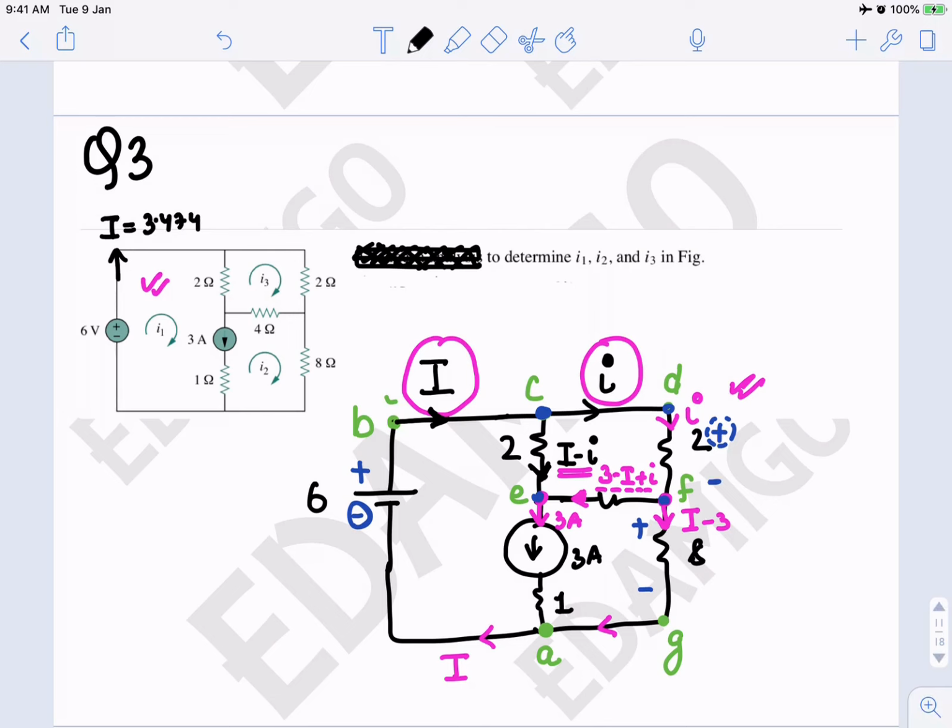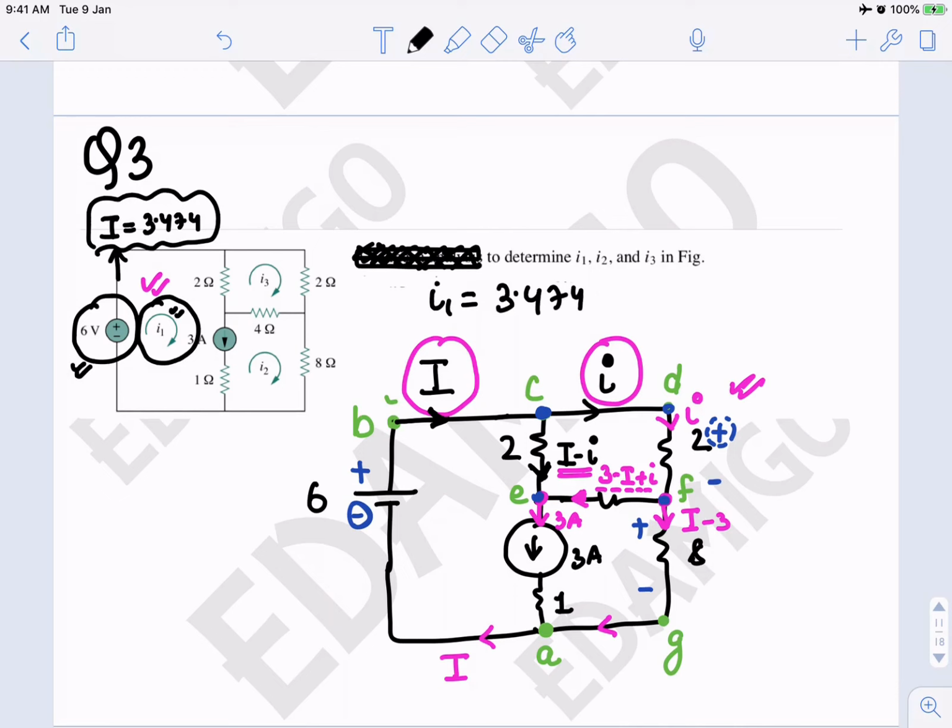And if we compare with the figure given in the question, I1 is a current which is flowing in this loop. The 6 volt is an element in this mesh exclusively. So the current through 6 volts is equal to I1, and we can see that the current capital I is flowing through the 6 volt battery. So I1 is equal to 3.474.